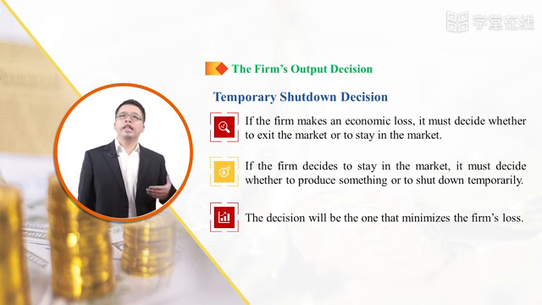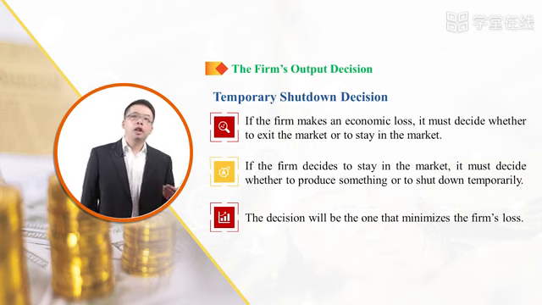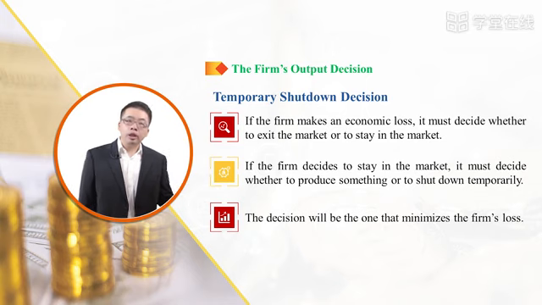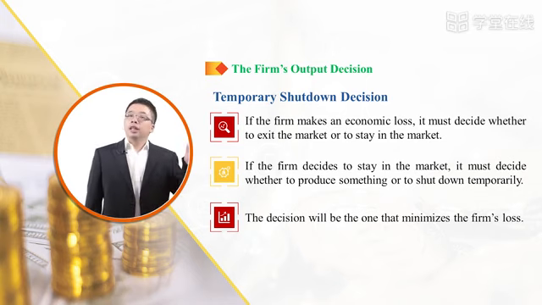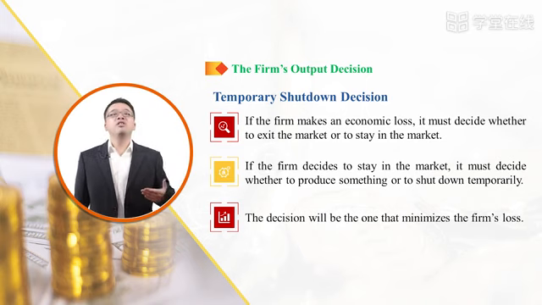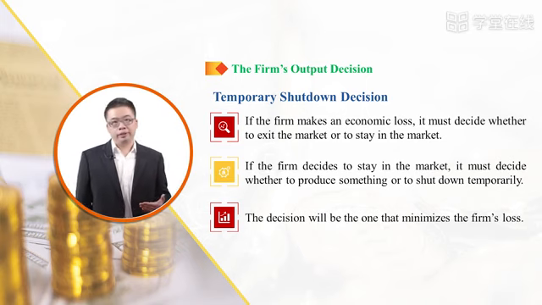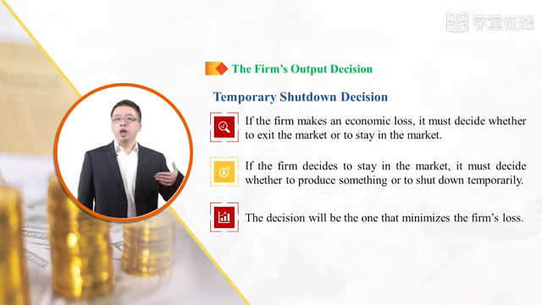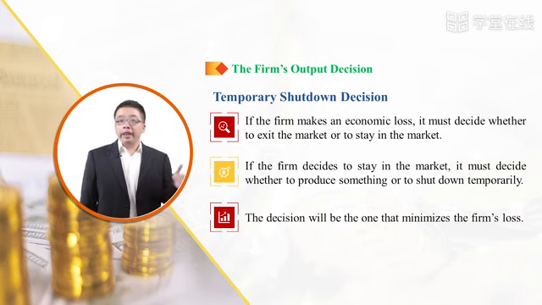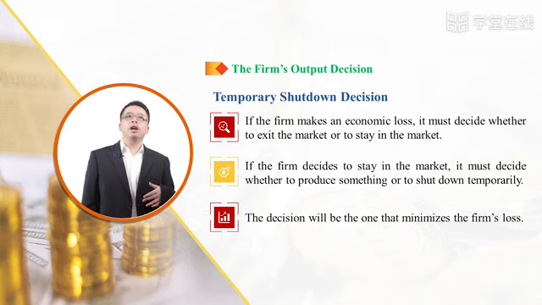A firm's loss equals total fixed cost plus total variable cost minus total revenue, which is TFC plus TVC minus TR. And we can also replace TVC by AVC times Q, and TR by P times Q. Okay?